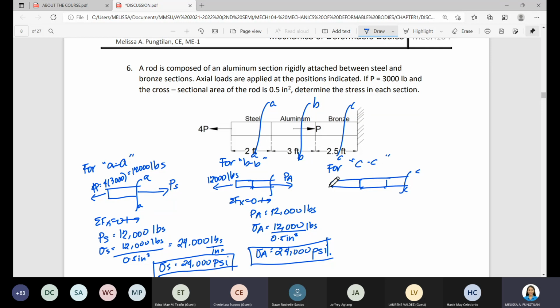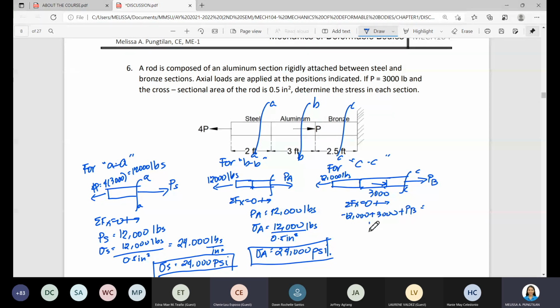Meron tayo dito ng 12,000. We have here 3,000 and a force PB. So taking the summation of forces along x direction equal to 0, to the right as positive, meron tayong negative 12,000 plus 3,000 plus PB.